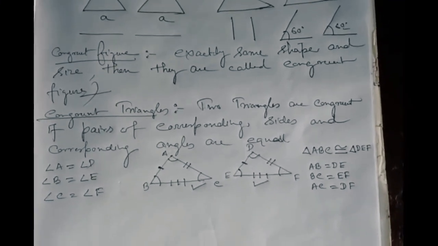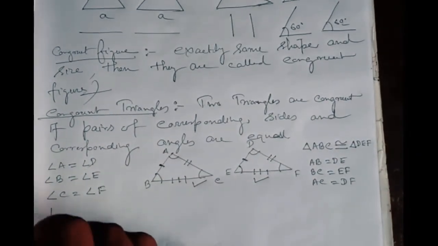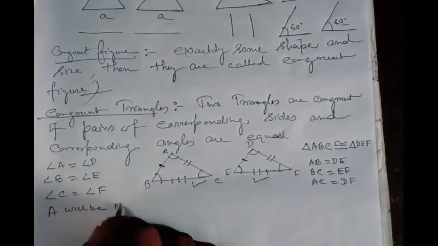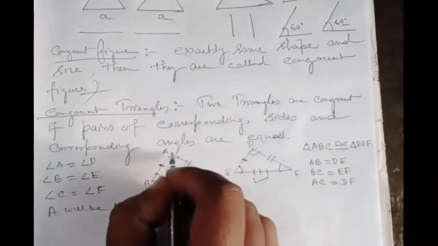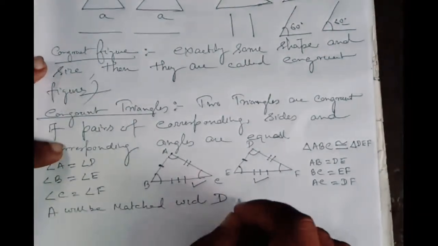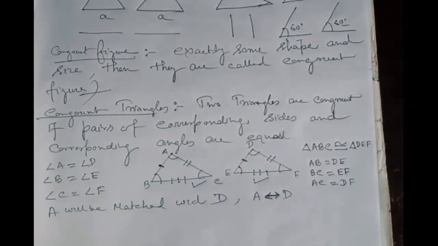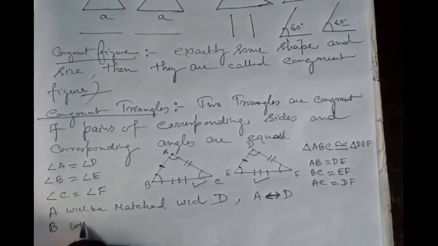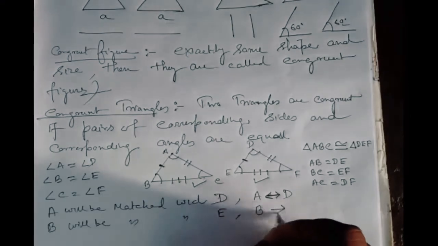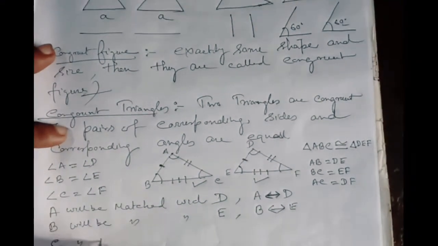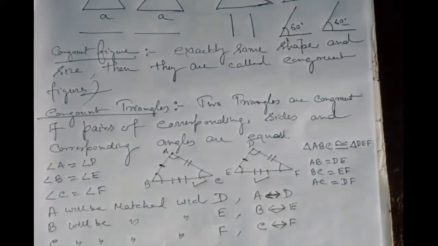And for that, first we have to match the vertices of these two triangles, that is A will be matched with D, since it is the top vertex, and it can be written as A with this sign, B will be matched with E, and it can be written as B, and C will be matched with F, and it can be written as C. Okay.